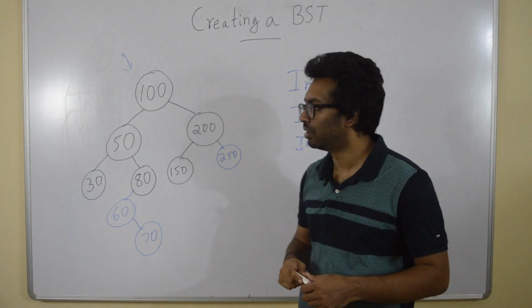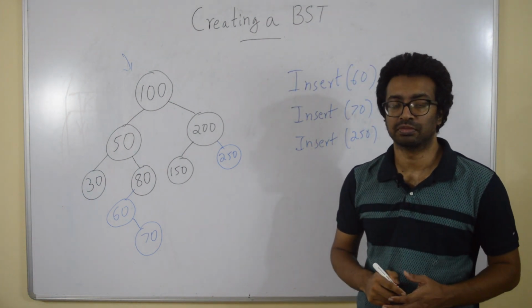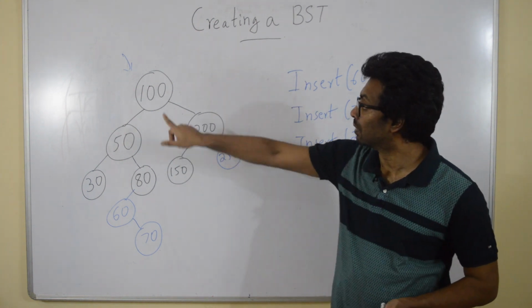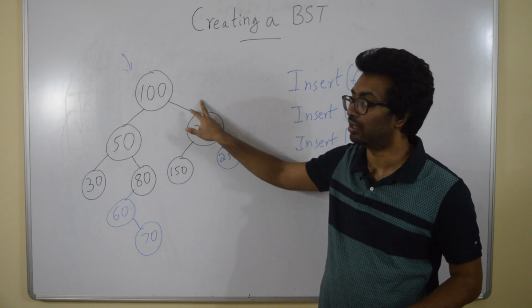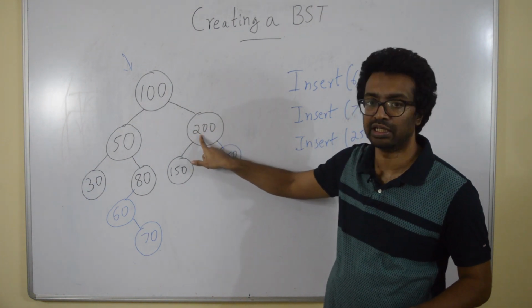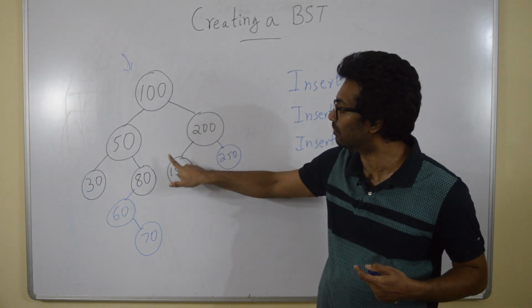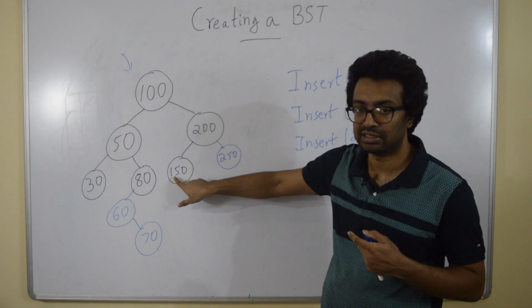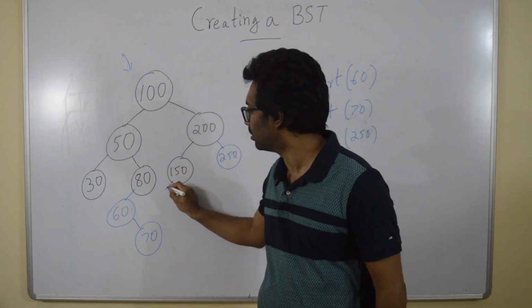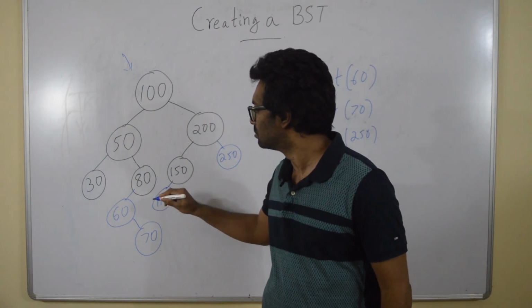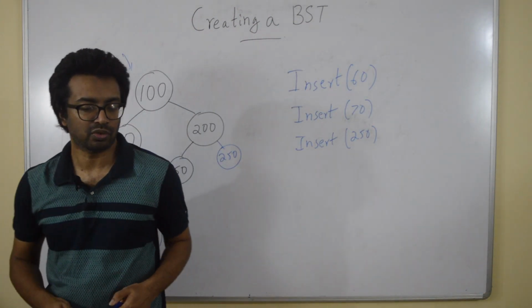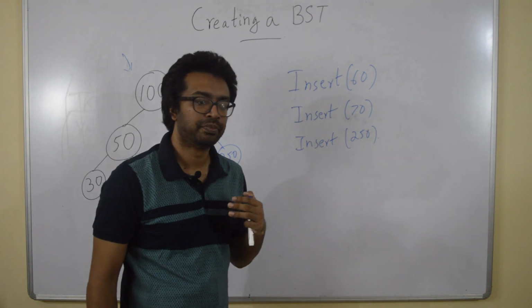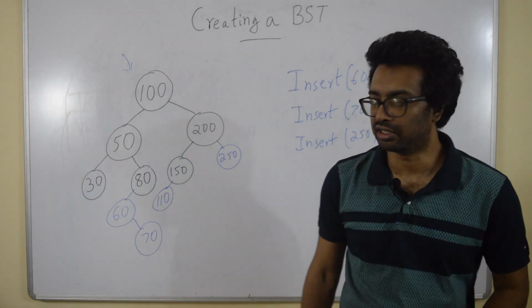And what about 110? 100, 200. 110 is greater than 100, so you come here. 200 is greater than 110, so you turn left. 110 is less than 150, so I come here and I put it. So clear? Okay, good. Now we know how to insert an element into a binary search tree.